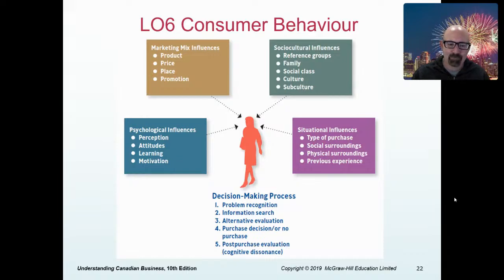If our family always buys organic food, then I am more likely to buy organic food. Social class, right? Upper class, middle class, working class. What goes on within that group as well? What do we see other people who are members of that group doing? Again, we tend to behave similarly as other people in our target segments.